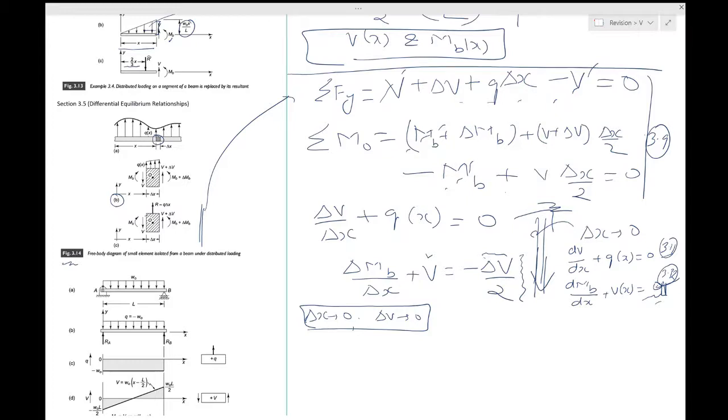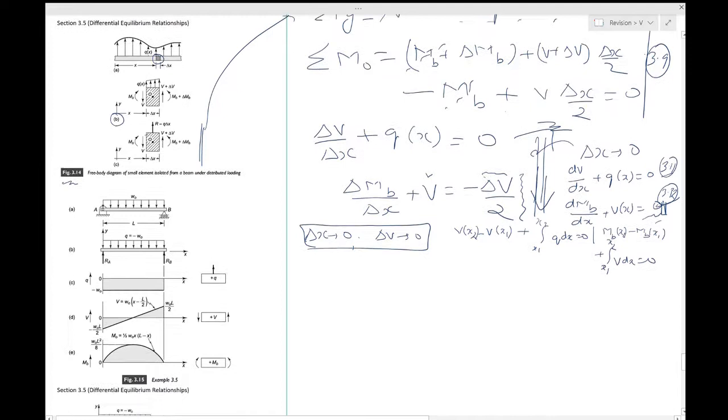So once you integrate, you get V of x2 minus V of x1 plus the integral from x1 to x2 of q dx equal to 0, and similarly MB of x2 minus MB of x1 plus the integral from x1 to x2 of V dx equal to 0.